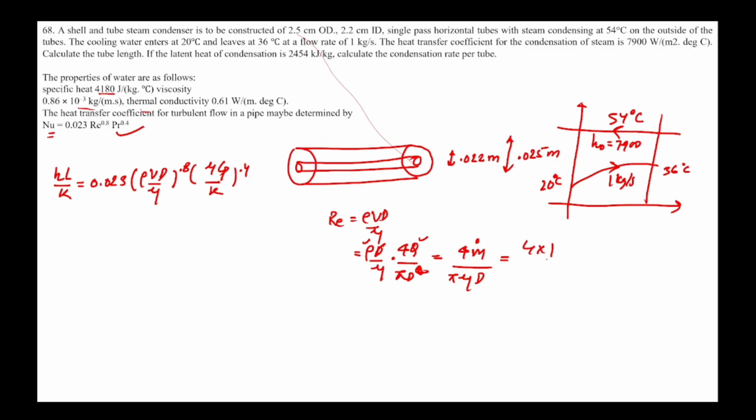And mass flow rate we have 1. 4 into 1 divided by pi, mu we have 0.86 into 10 to the power minus 3, into diameter 0.022.